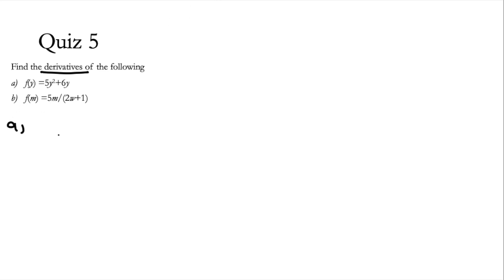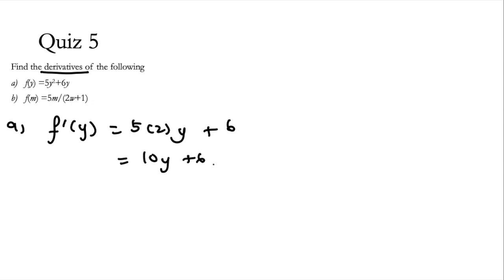So question A, how do you write it? F prime y equals 5y squared. 5 is a constant, y squared you can use the power rule, 5 times 2y, and then 6y becomes 6. So 10y plus 6, that's it.